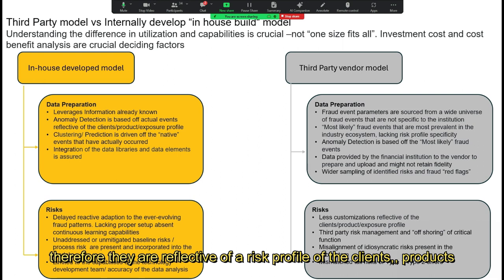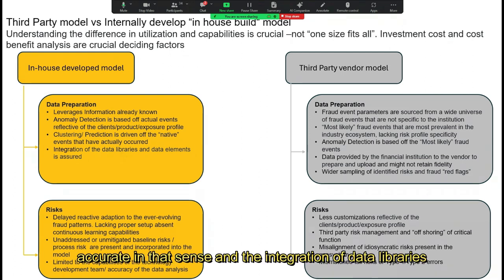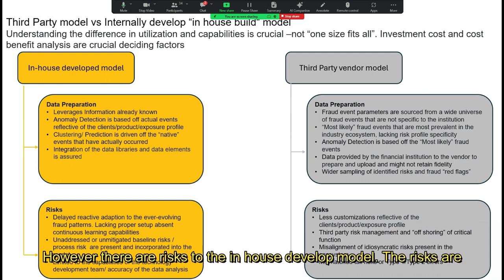Therefore, they are reflective of the risk profile of the clients, products, transactional activities, etc. The clustering and predictive accuracy of an in-house developed model, again, since it's based off the actual events, is more native to the risk profile, and therefore it is more accurate in that sense. And the integration of data libraries upstream and downstream is much easier, since the institution is relying on its own IT systems.